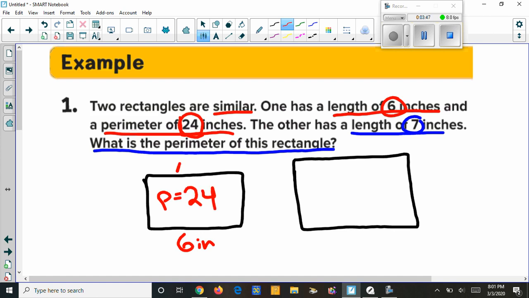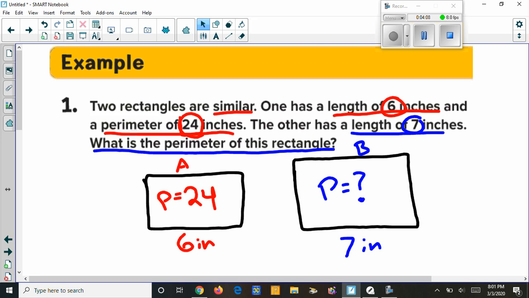We'll call this figure A. The second one we'll call figure B, and we know it has a length of 7, but we do not know the perimeter. So we're going to use the information we have above in your book to help us solve that.